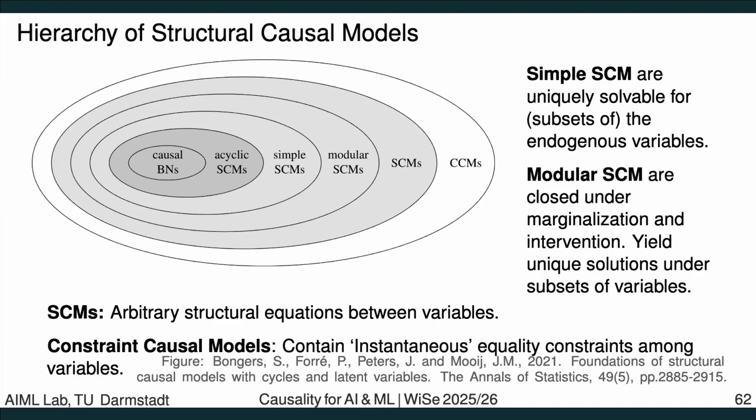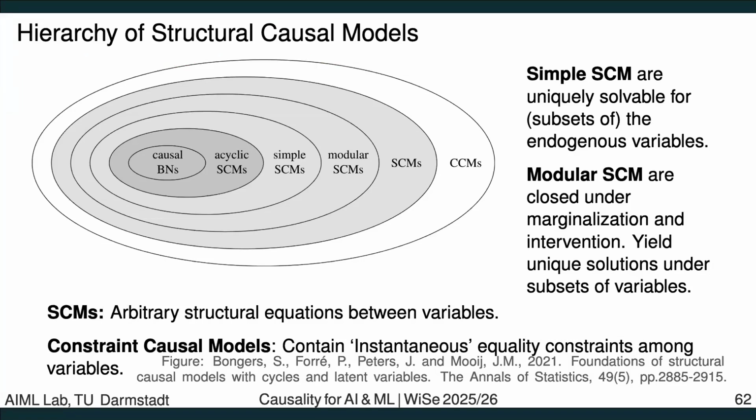Then modular SEMs relate to this notion that if I intervene on a system or marginalize out things, then I don't want all these effects to propagate globally. So modular SEMs restrict the scope of those interventions.